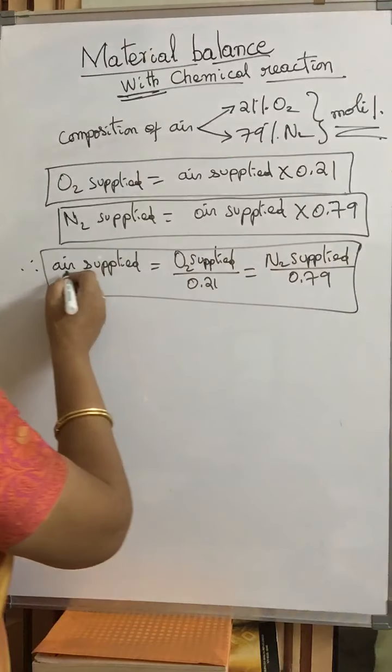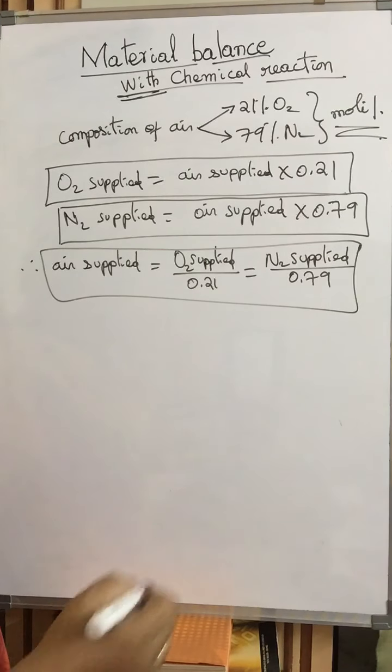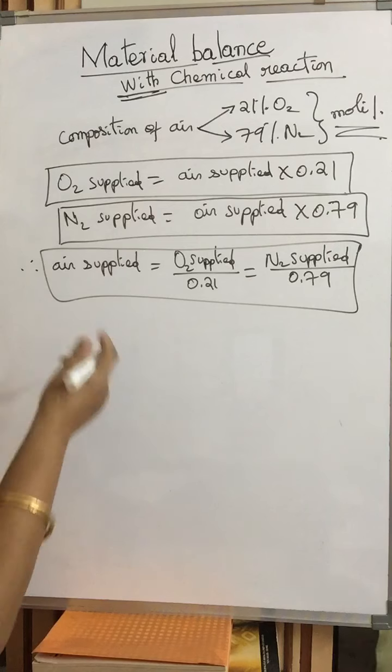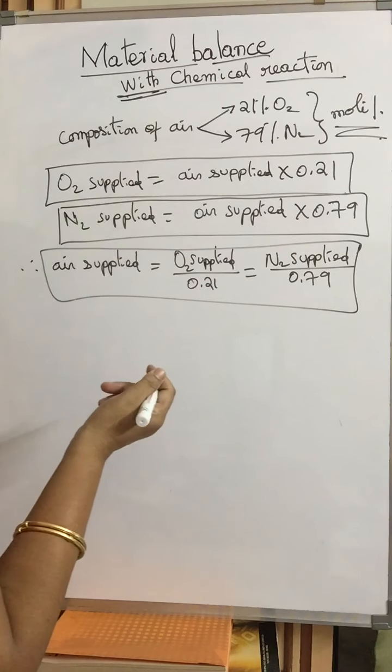Using this expression, we can calculate air supplied if we know oxygen supplied. With one unknown, the other things will be known.